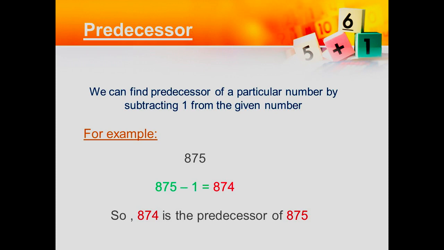When we are finding the predecessor, we have to subtract 1 from the given number. 875 minus 1 is equal to 874. So 874 is the predecessor of 875.